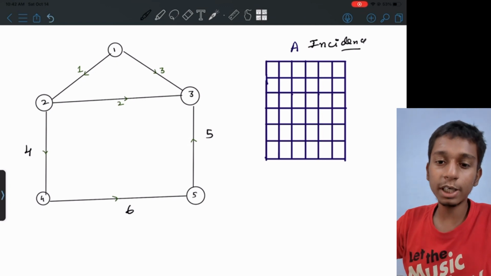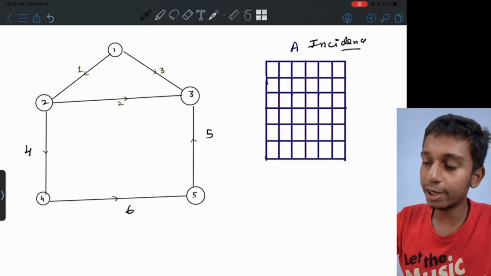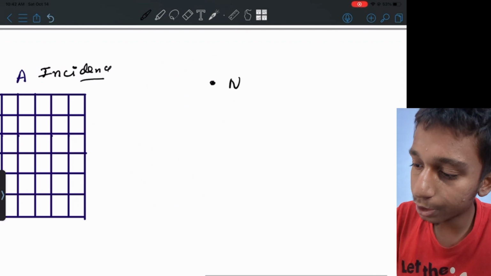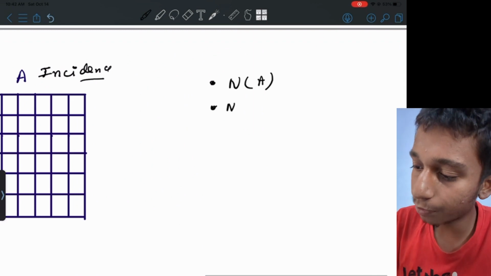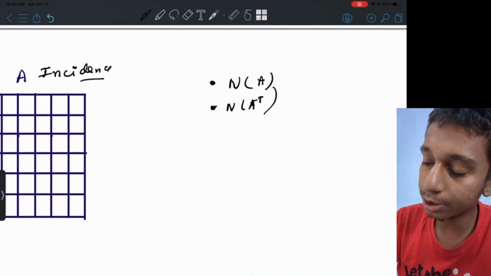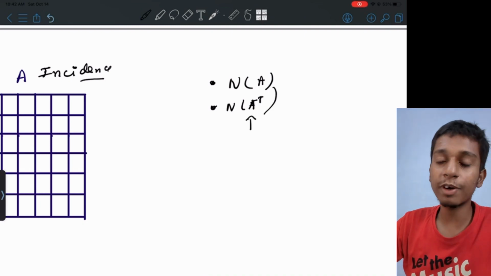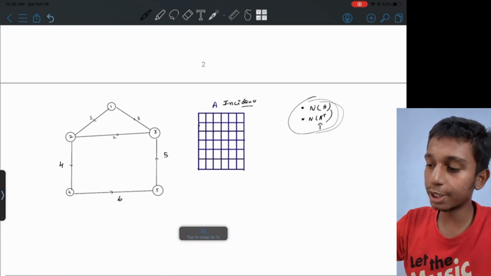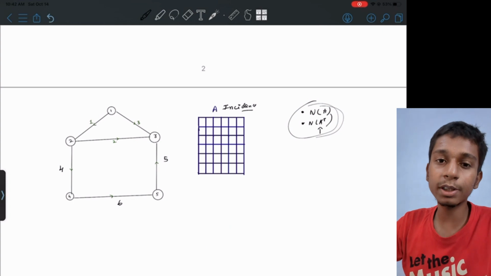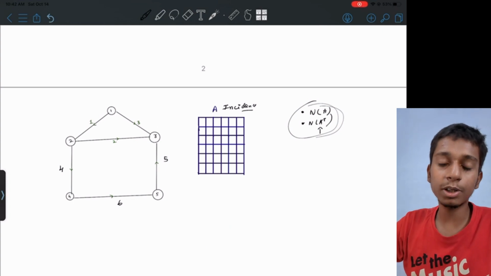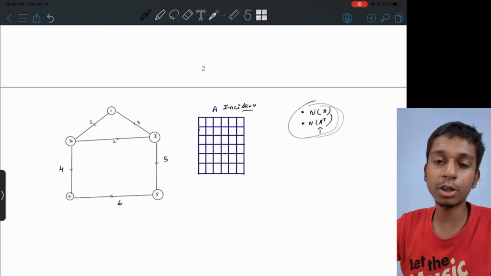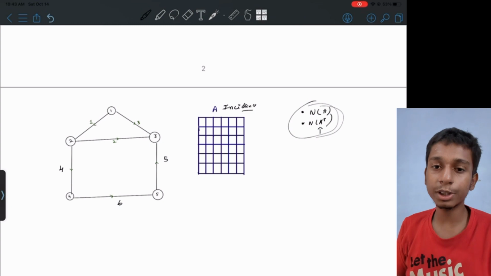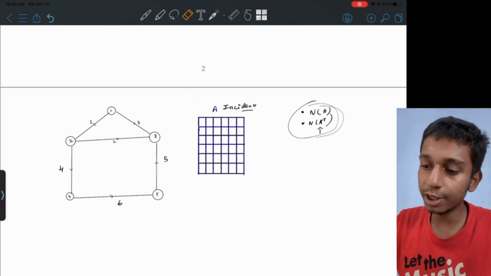One by one, let me find the incidence matrix, and then we would also be finding the null space of A matrix and the null space of A transpose matrix, such that it helps us to generalize and find these concepts really quickly for any matrix. We can do it by the normal method of row elimination that we study in linear algebra, but using the graph concepts we can do it much simpler.